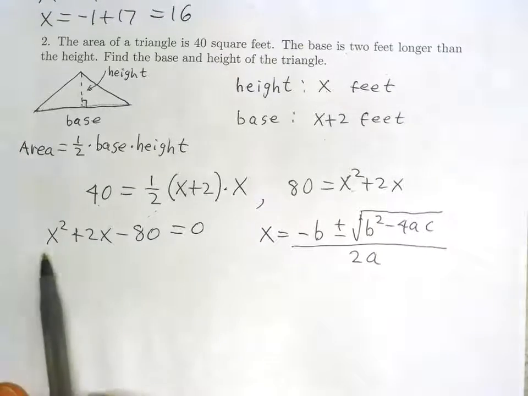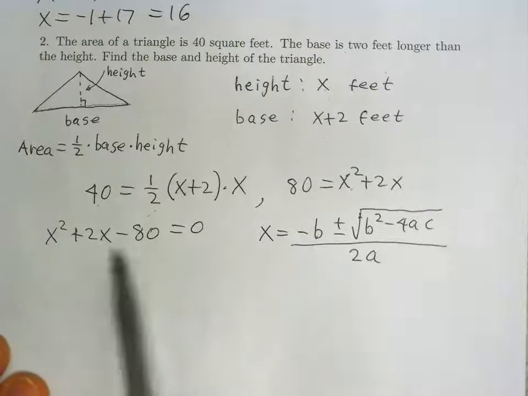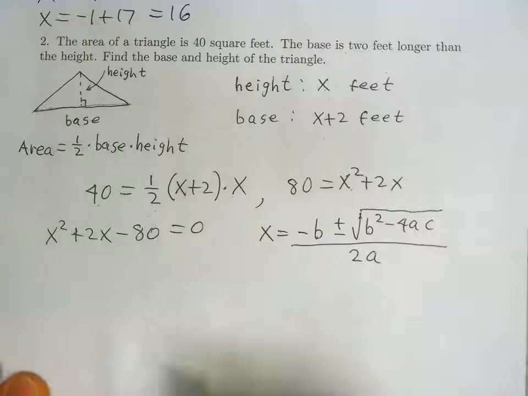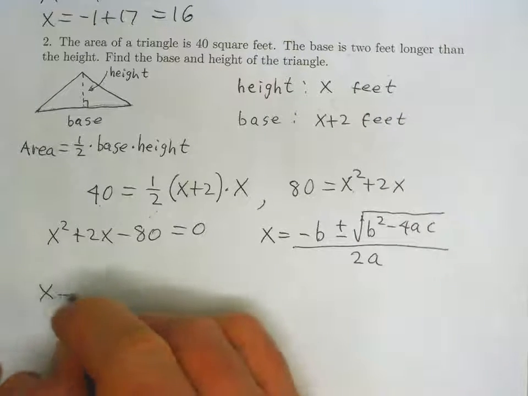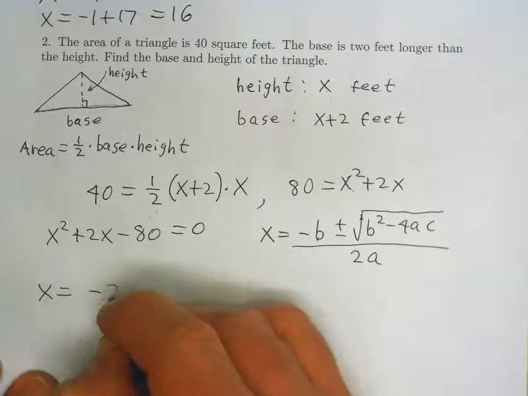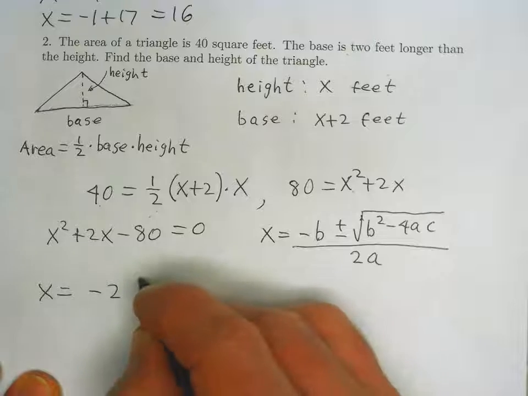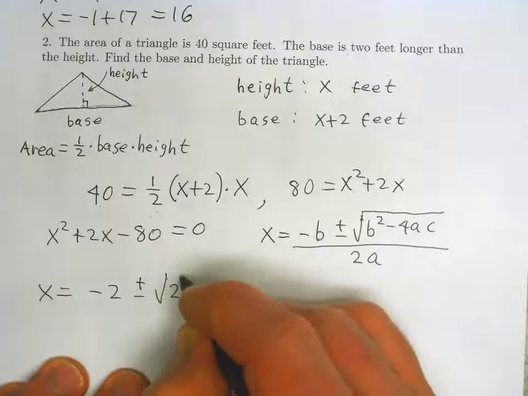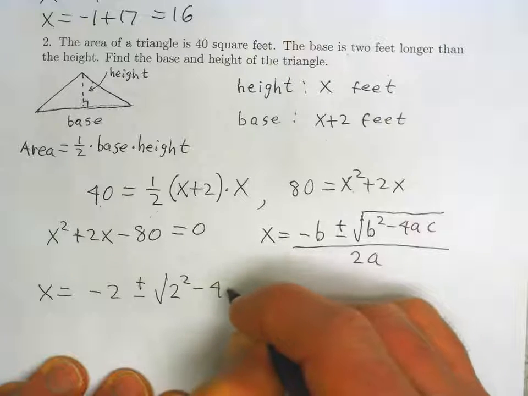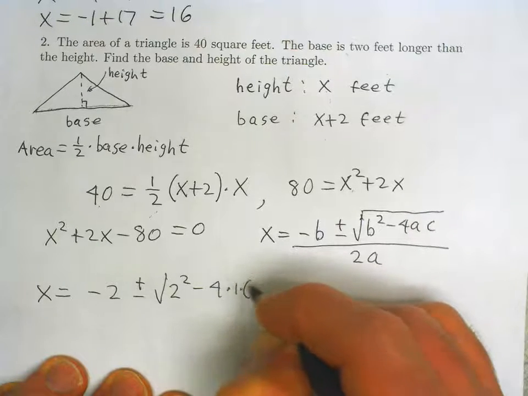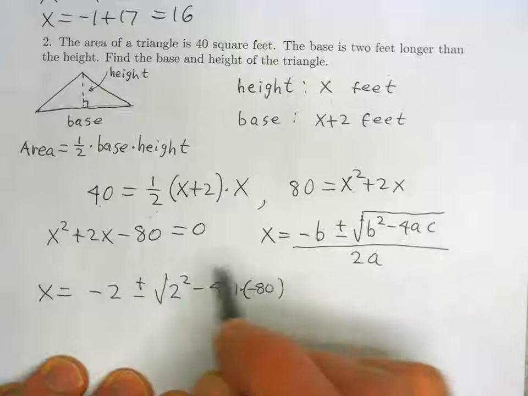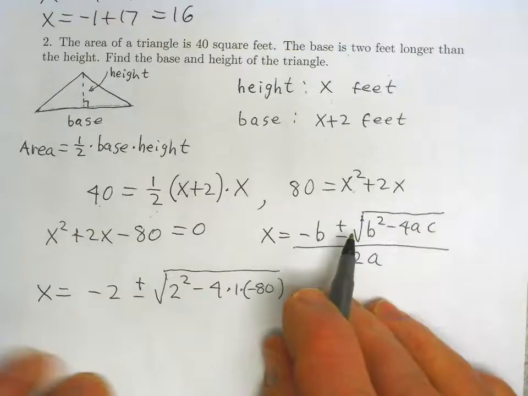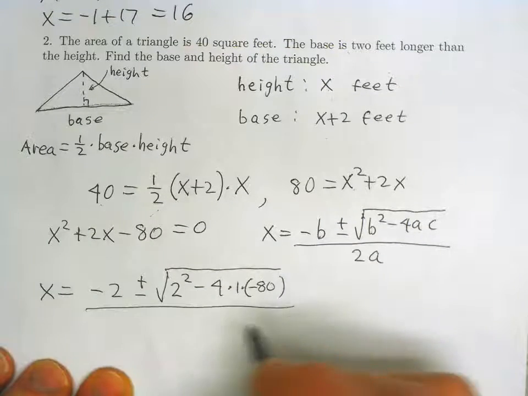For this one, a is 1, b is 2, and c is negative 80. So x is equal to negative 2 plus or minus the square root of 2 squared minus 4 times 1 times negative 80, all divided by 2 times 1.